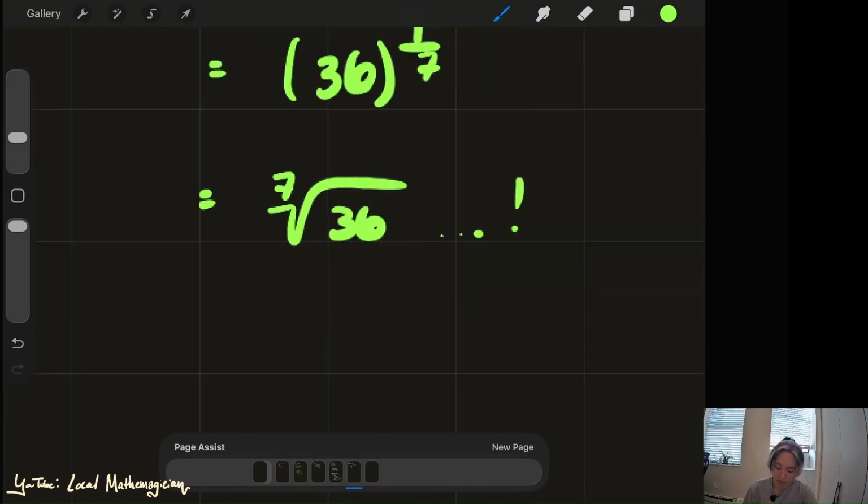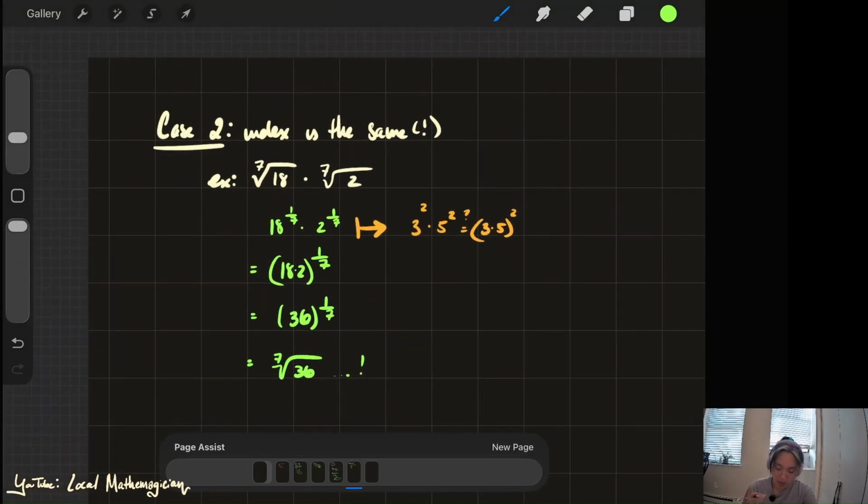All right? So if the indexes are the same, you could just do this. Okay? You can multiply the inside and leave the outside alone. If you find that you keep making mistakes because you don't know what you are or are not allowed to do, write it out. If you understand why the rule works, you'll never have to memorize it, okay?